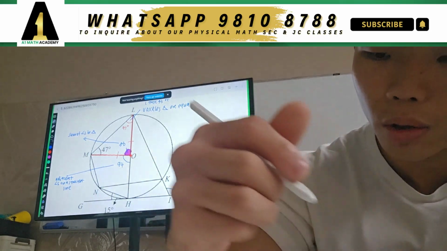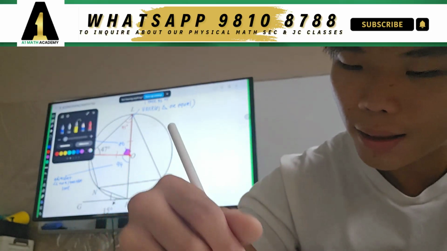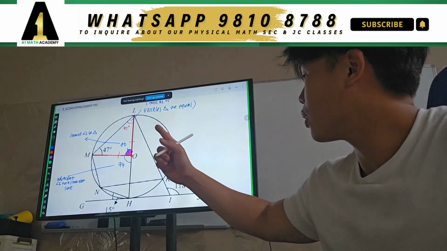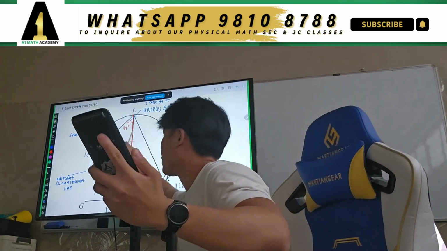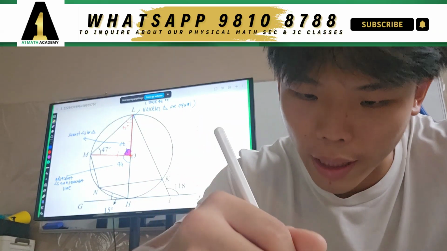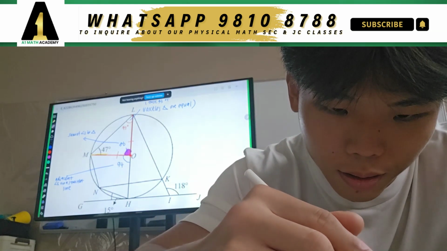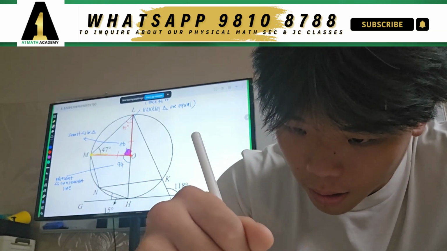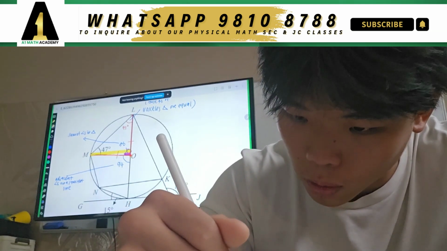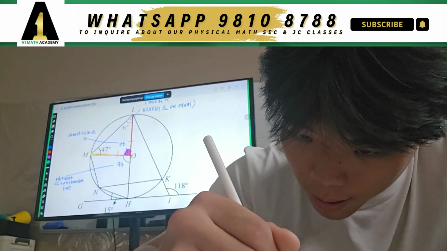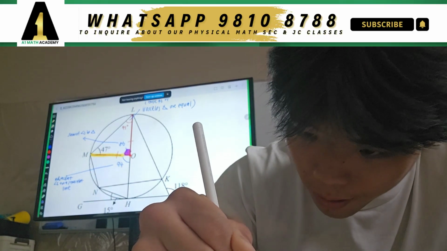This one we go on to our first circle property. This 86 is formed by this line and this line, so on your paper you can highlight this line and this line.